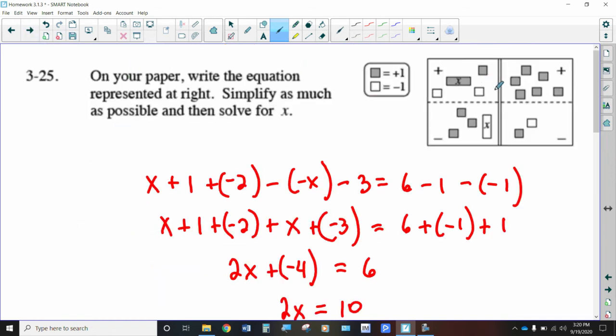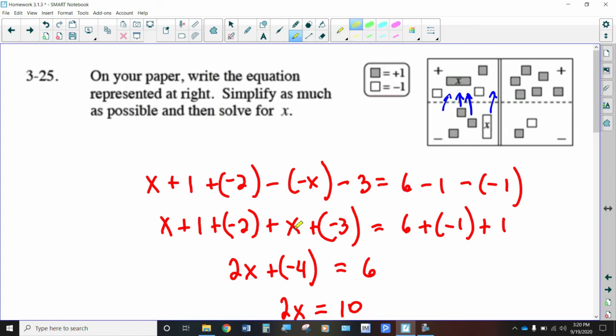On your paper, write this equation, and then solve for x. So you got x plus 1 plus a -2 minus a negative x minus 3. My first inclination would be to do KFC and move all these guys across the street. So we can call that plus a positive x and plus a -3, like we have here.